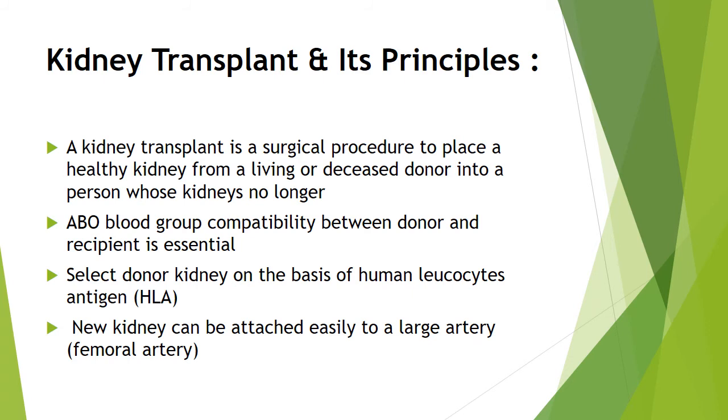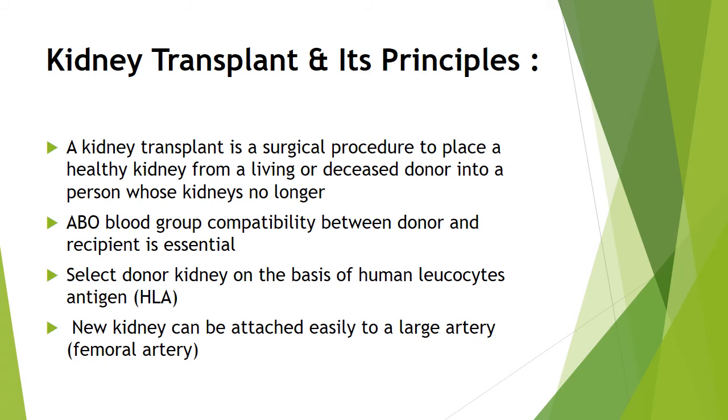So students, kidney transplantation is not as simple as you can hear or see. It depends upon some basic principles. Number 1, ABO blood group compatibility between the donor and recipient is essential. What do you mean by ABO blood group compatibility?